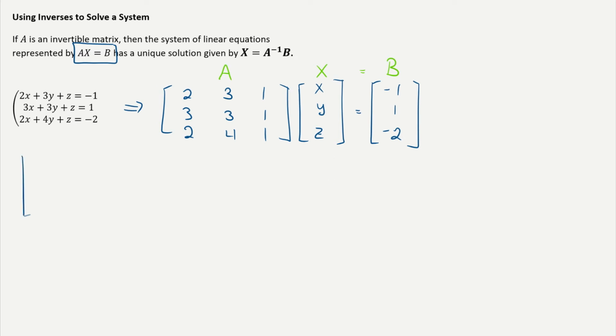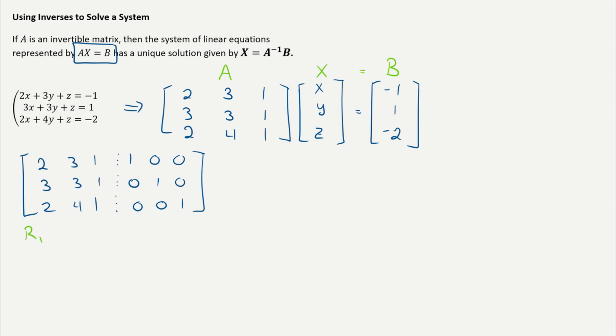So here we go. We're going to practice finding a 3 by 3 inverse. So I have 2, 3, 1, 3, 3, 1, 2, 4, 1. I'm going to attach the identity matrix. And then we use row elimination to get rid of the values we need. So first of all, I'll use row 1 to eliminate this 3 right here.